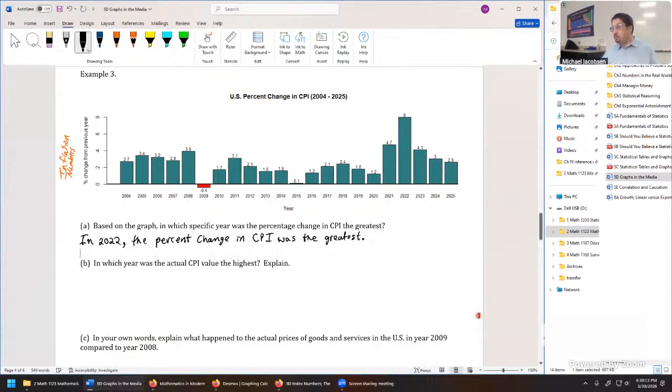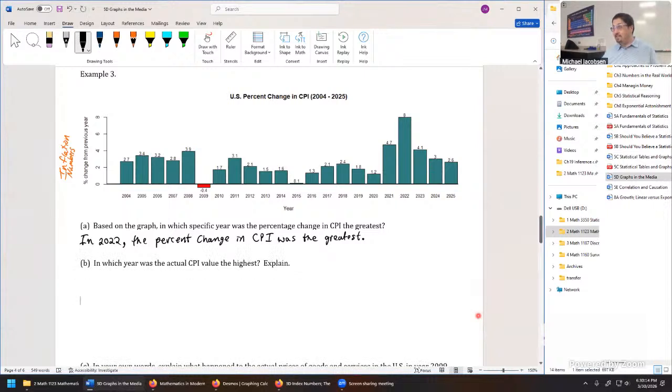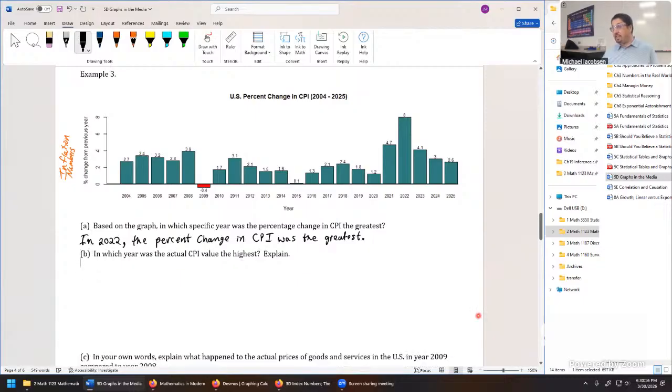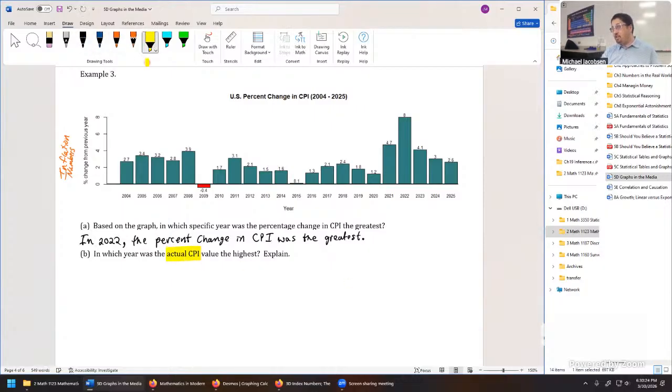Okay, here's the one that's a little bit weird now. Part B is nothing like part A in a certain sense. The problem is we're being asked in which year was the actual CPI value the highest. But when we say actual CPI value, that's in direct conflict with this vertical axis. So we have to be cautious.